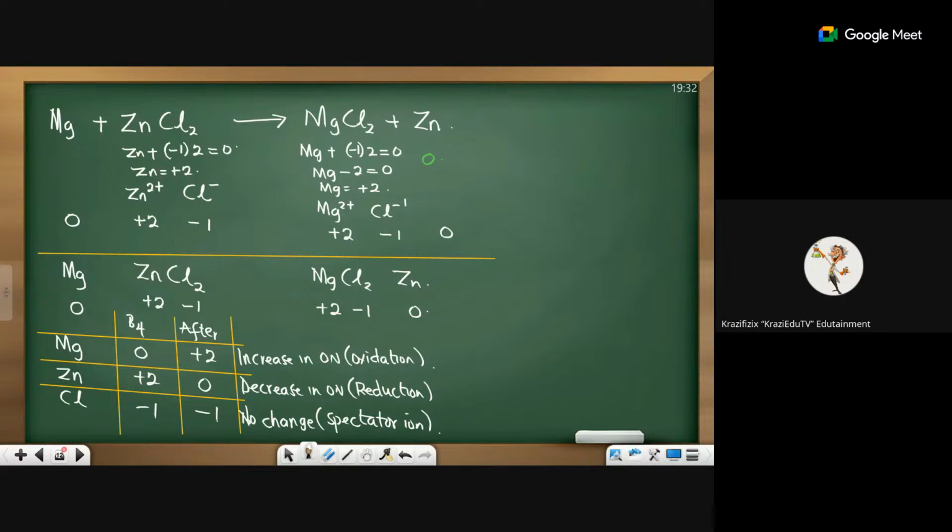It is a spectator ion. Please let me know if what I just did here made sense to you. Must be able to calculate oxidation numbers. Then we compare. If it's increasing, oxidation. If it is decreasing, reduction. If there's no change, that is known as a spectator ion.